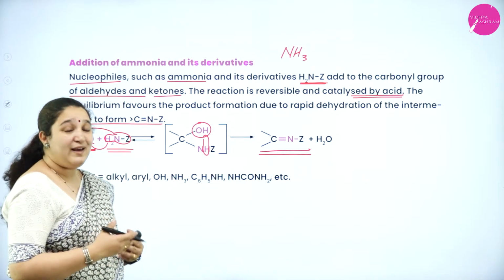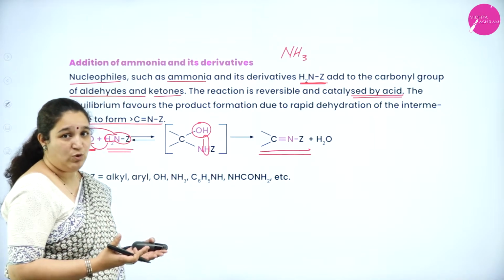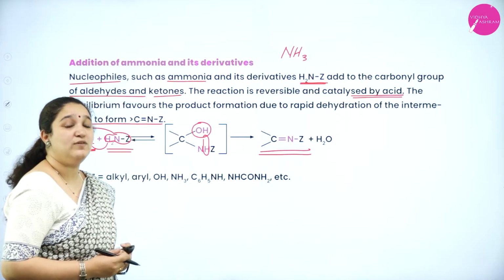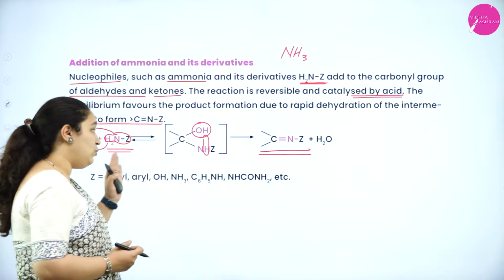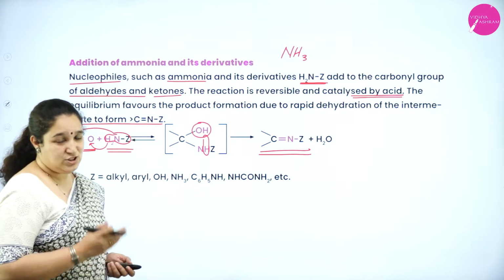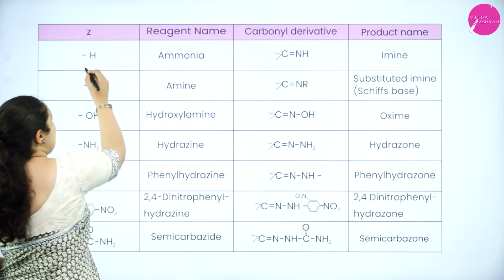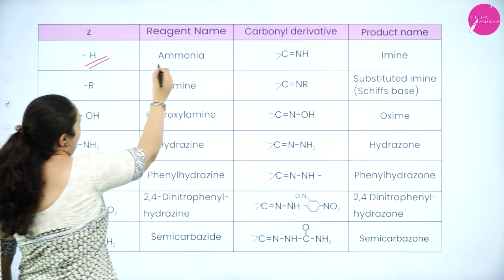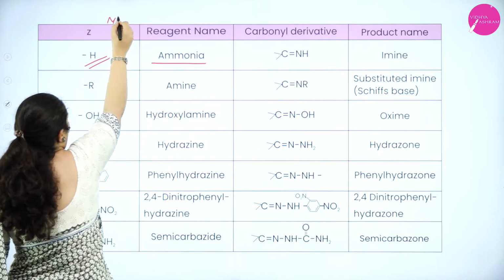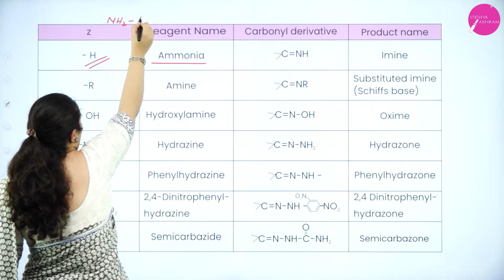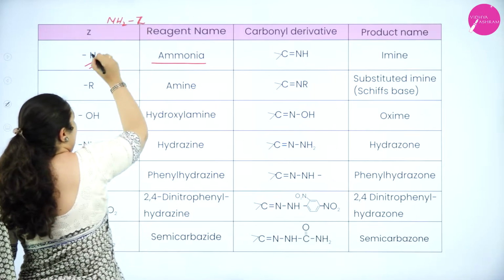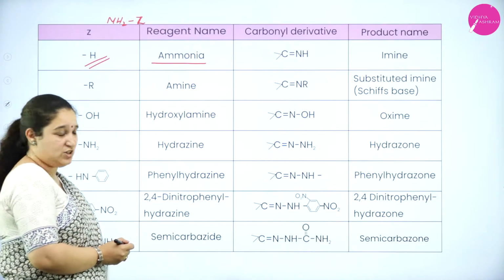But what can be the derivatives of ammonia? We have a long list of derivatives of ammonia which can undergo this reaction. We'll see them. See, in NH2Z, if the Z group is H itself, then it is ammonia, that is NH3.